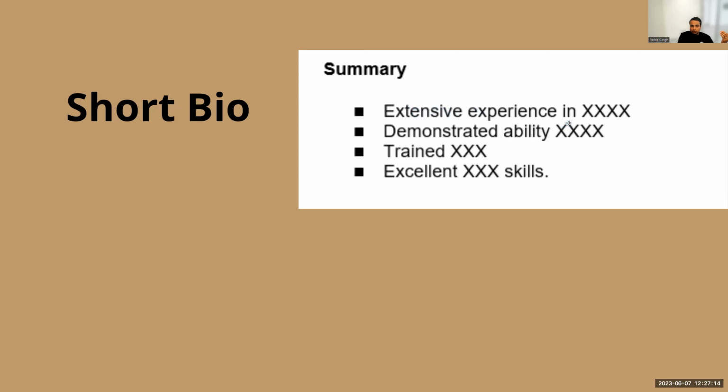For example, they need somebody who has done some kind of management, or, since I'm in a scientific background, has some experience in this particular therapeutic area or that particular therapeutic area. You can write about that and how many years you have.